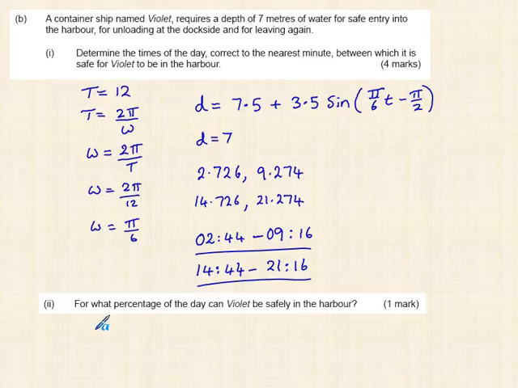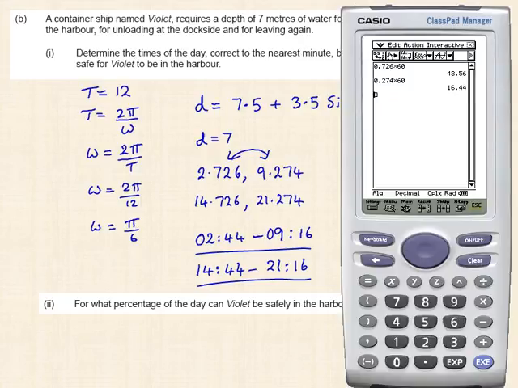We now want to know what percentage of the day the Violet can safely be in the harbour. So if we work out the amount of time here, so that's going to be 9.274, take away 2.726, and then double that because it happens twice a day.